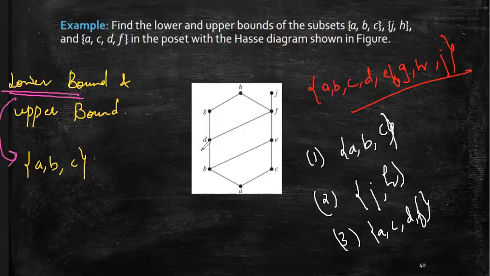Is there any element which is lesser than the 3 elements of the subset?